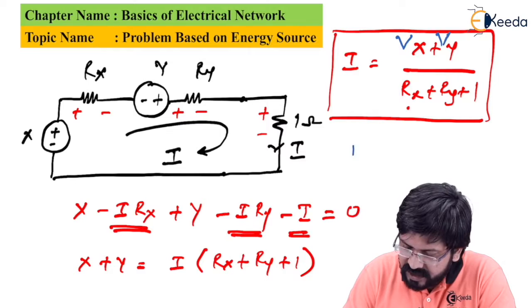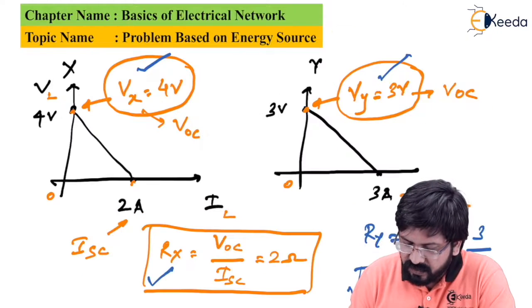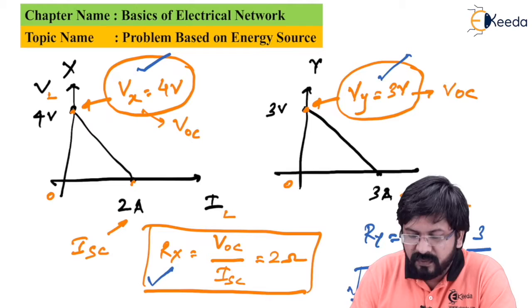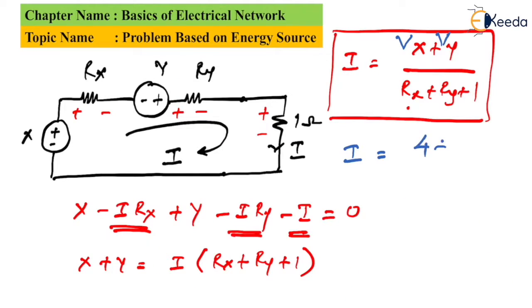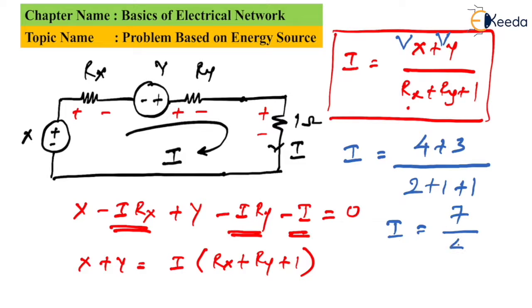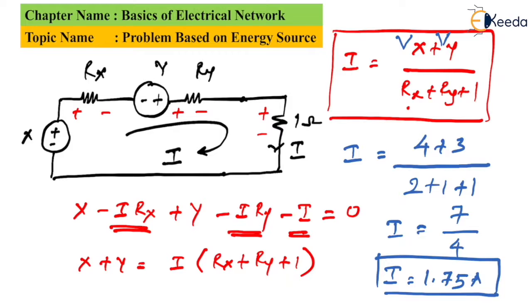So now I can rewrite this as I equal to, Vx is 4 volt, Vy is 3 volt, so 4 volt plus 3 volt divided by Rx is 2, Ry is 1, plus 1. So how much do we get? 7 upon 4. If you solve this, you'll get 1.75 ampere. So the value of I which they are asking for is 1.75 ampere.